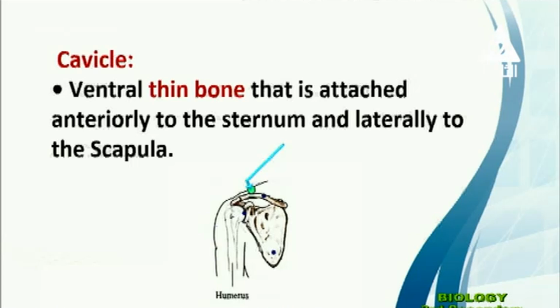This is a ventral, thin bone attached anteriorly to the sternum, and laterally it is connected to the scapula.